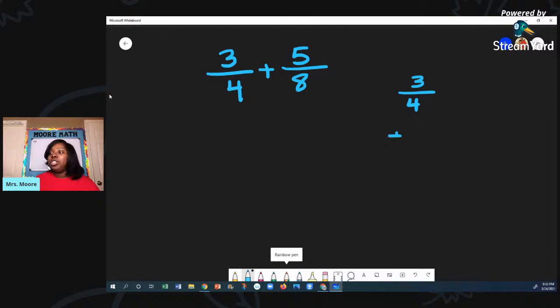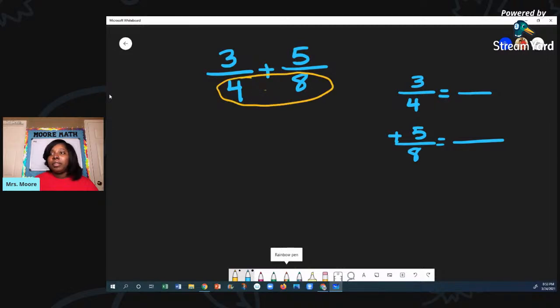So I just want to show you how much more complicated it is to multiply them together than to just find a smaller common denominator. So watch this. So you multiply together and you say, oh, okay, 4 times 8 is 32. Okay? That's going to be your common denominator.